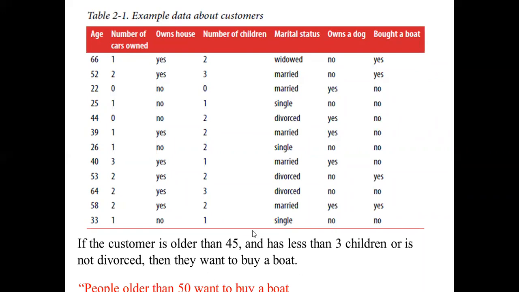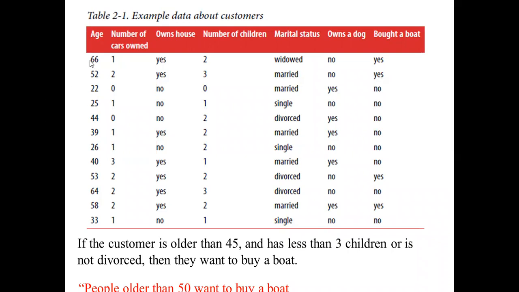Let us see how many people follow this rule. Customer older than 45, so we will check those who are older than 45. Then we will check the children criteria, and the marital status, and then whether that person has got the boat or not. If this is my formula or model, then we will check how much accuracy there is.